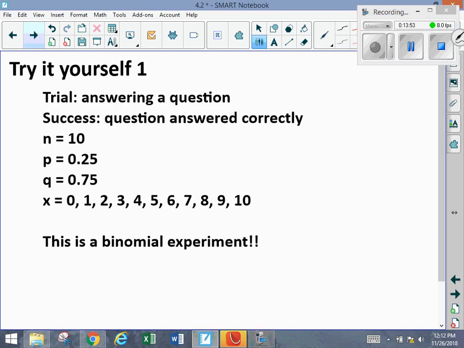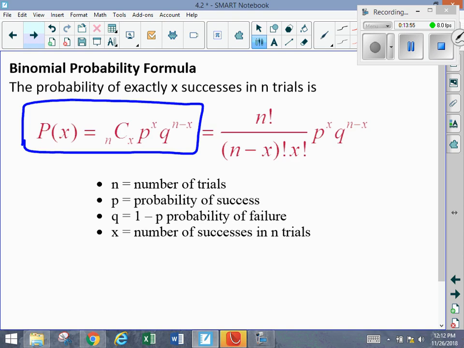We did it. So, we've got this binomial probability formula. You've got your binomial coefficient multiplied by exponential stuff. Now, it's great to know this, but we're going to get our calculators to do this for us.